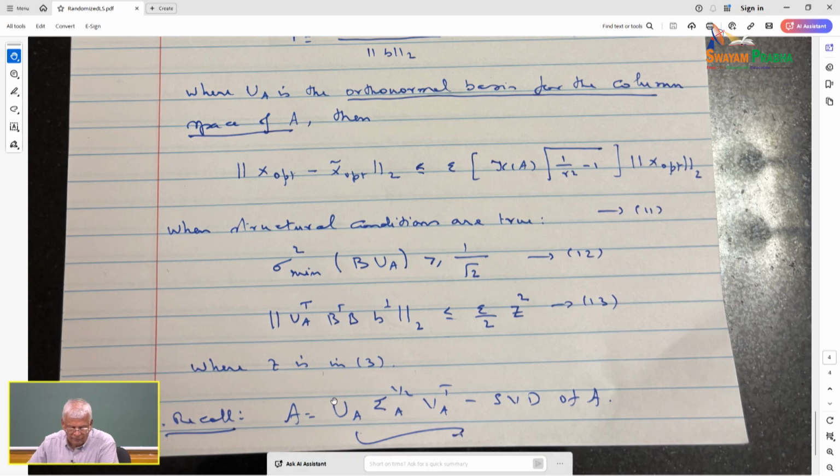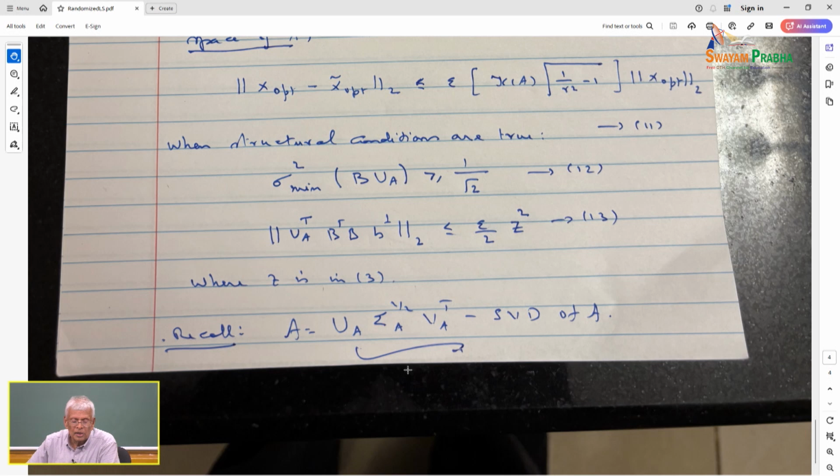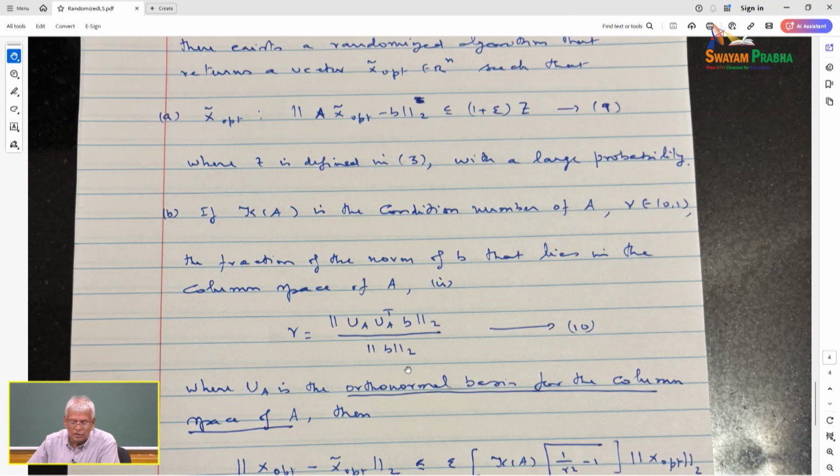So, UA is the column vectors which are the eigenvectors of the larger Gramian. VA are the column vectors which are eigenvectors of the smaller Gramian. So, UA, VA, sigma A, you know what they are. It is this UA I am going to be utilizing here. UA transpose is a projection matrix onto the column space of A.